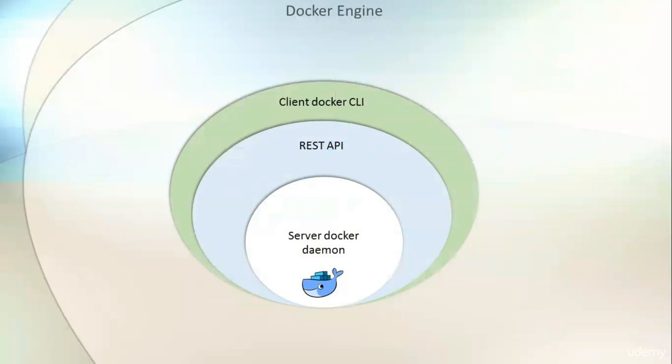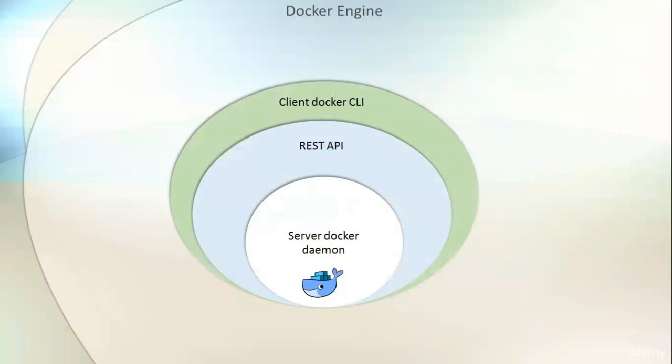And what is the Docker engine? What is this whole Docker engine? If you look at this part, the white one, this is a small daemon which allows us to keep the whole container alive.